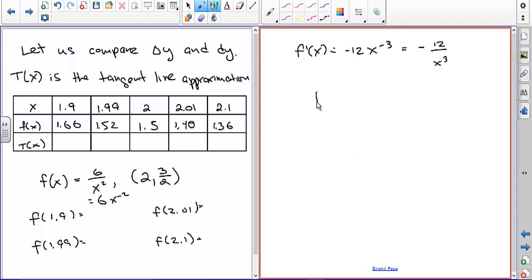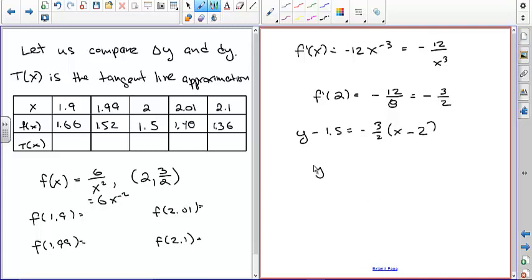And if I evaluate the derivative at 2, I'll get negative 12 over 8, which is going to be negative 1.5 or 3/2. So that's the slope. So if you use the point slope form of the linear equation, you have y minus 1.5, that's the y value, equals negative 3/2 times x minus x1, which is 2.